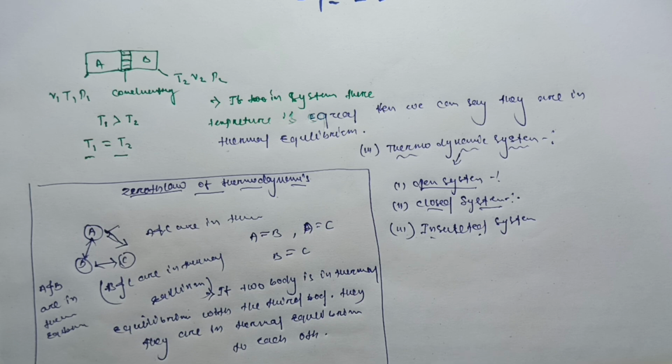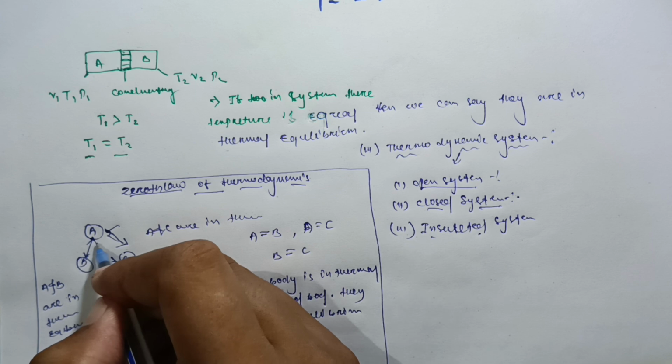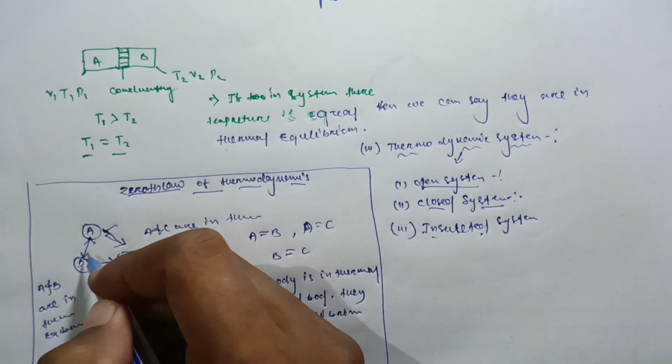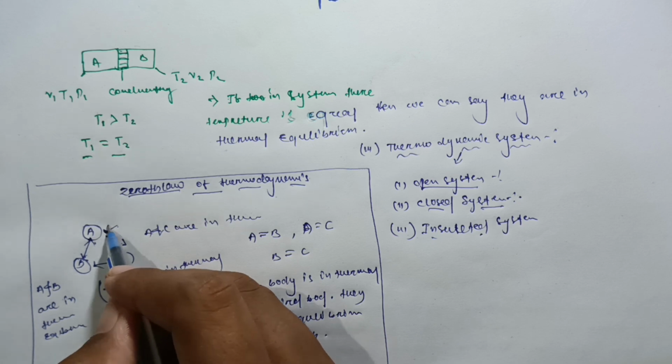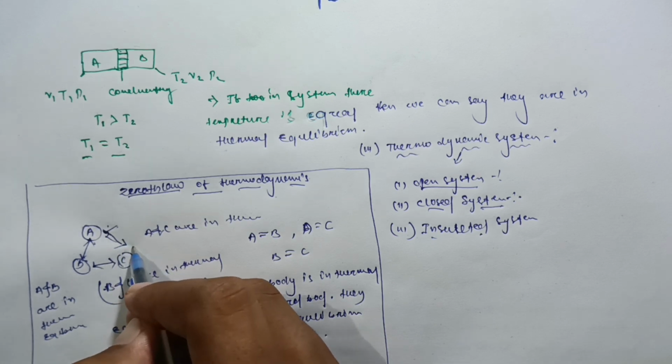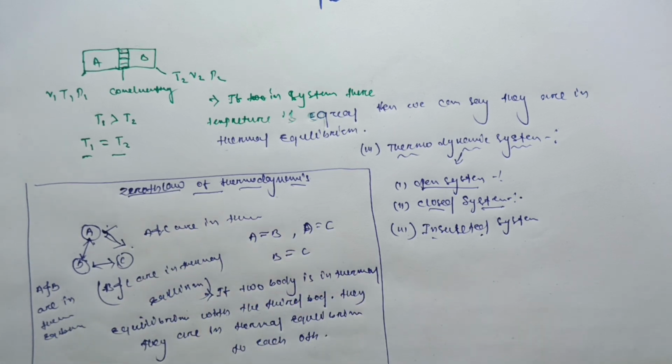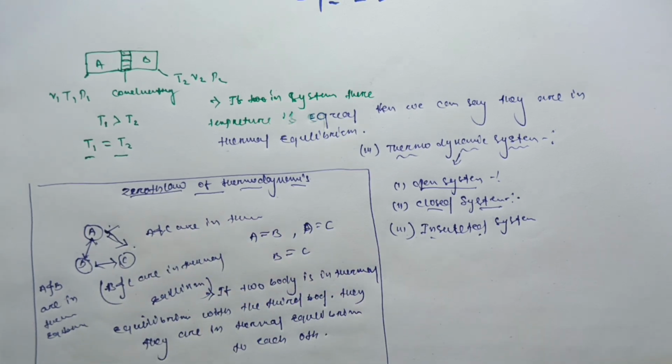Let me tell you another simple example. If A and B are true brothers, and if A and C are true brothers, then B and C also are true brothers, right? And here is another example of the zeroth law of thermodynamics in our daily life.